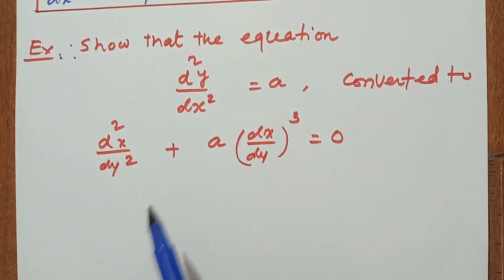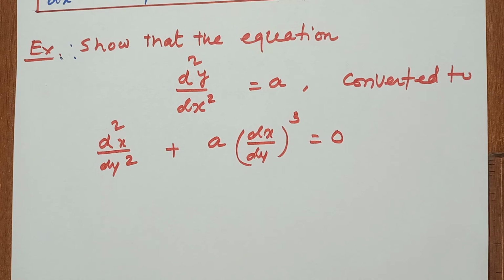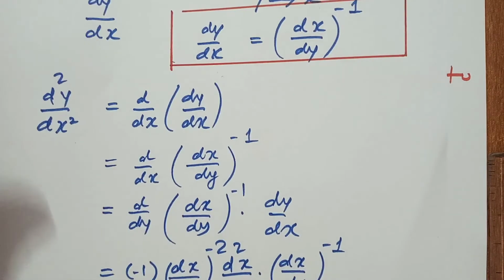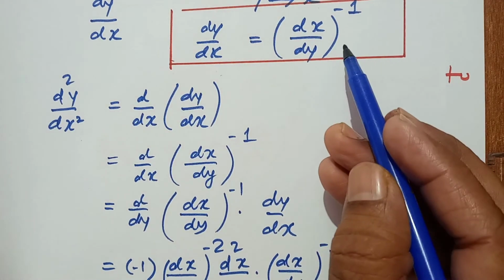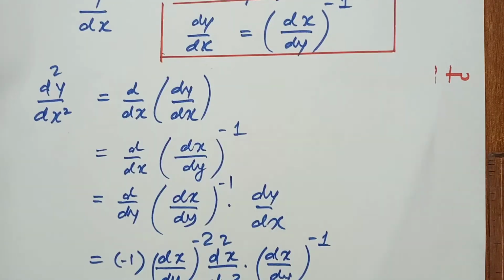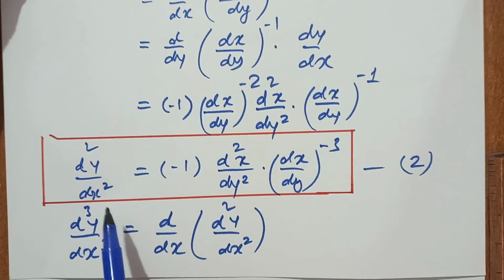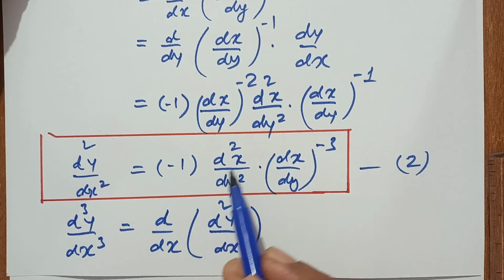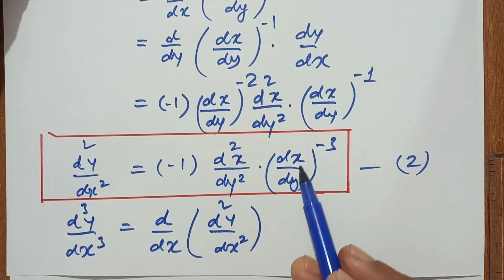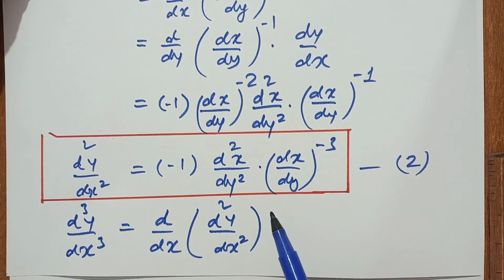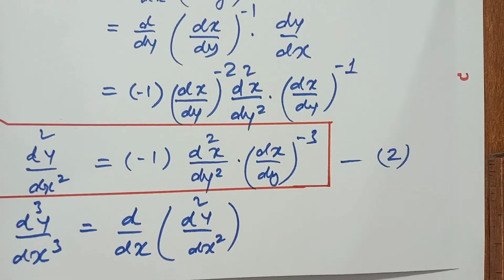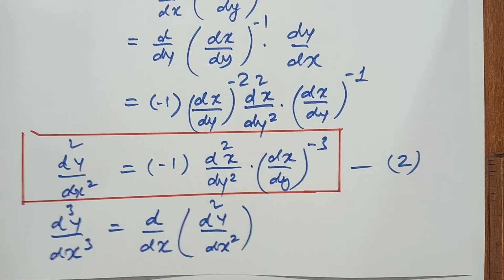So how do we convert? We have dy by dx equal to (dx upon dy) to the power minus 1, and d2y upon dx2 equal to minus d2x upon dy2 (dx upon dy) to the power minus 3. Now we substitute this value in the given differential equation.